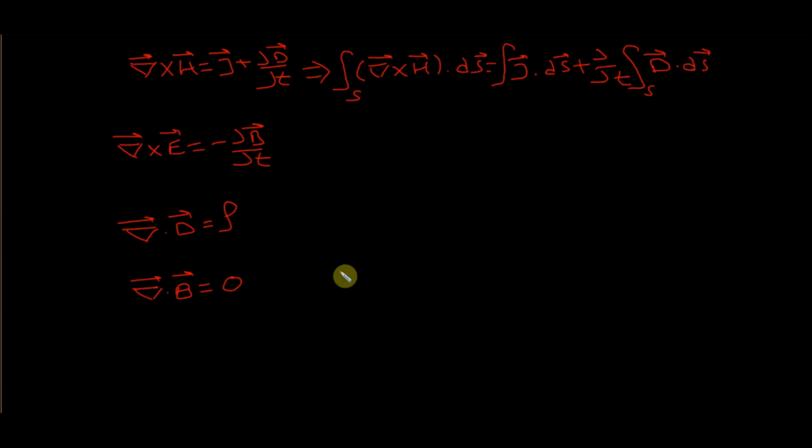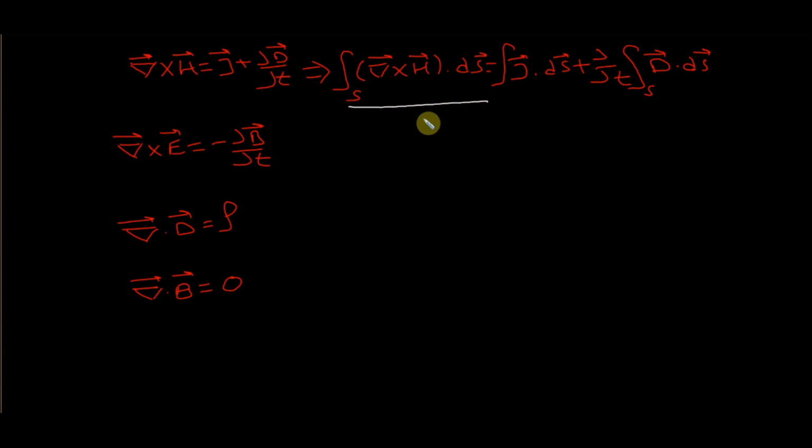This is not a closed integration, so remove it and rewrite it: J dot ds plus, take this curl by curl T out of the integration, D dot ds. So we have taken the surface integral on both sides of this equation. Now we are modifying these equations.